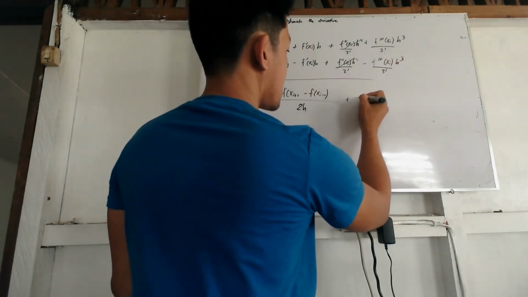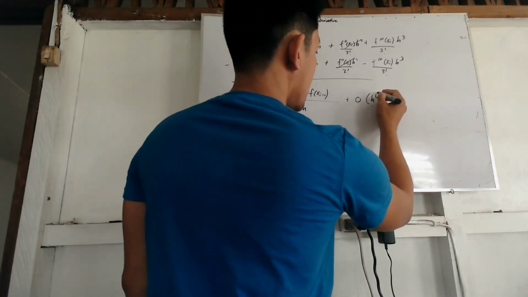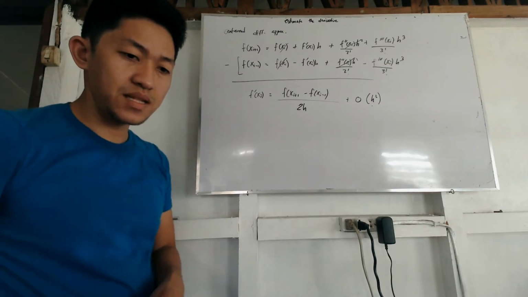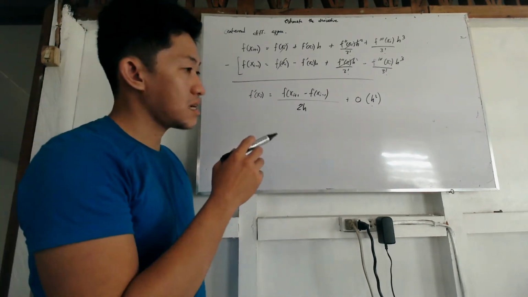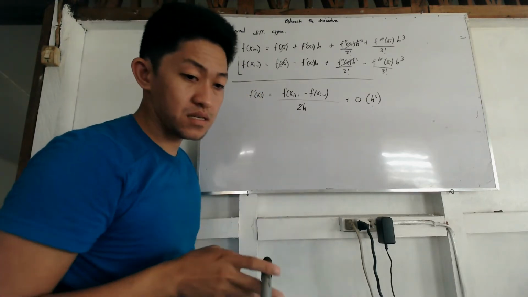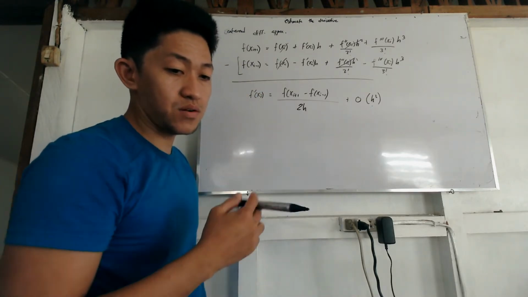This becomes h squared. Okay, so meaning the error or truncation error for center difference is of second order.